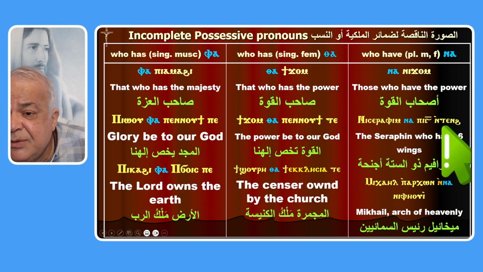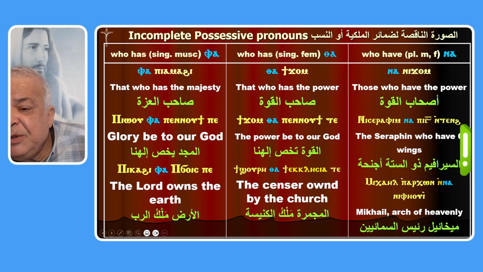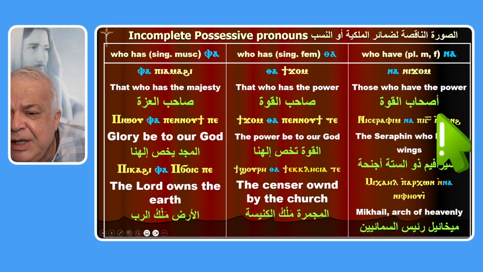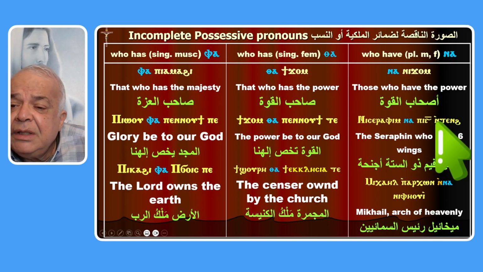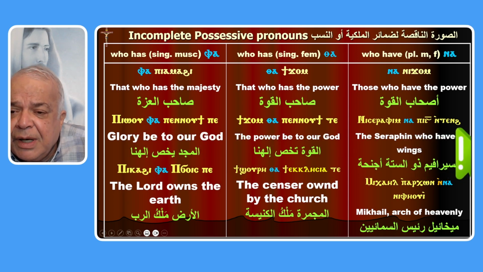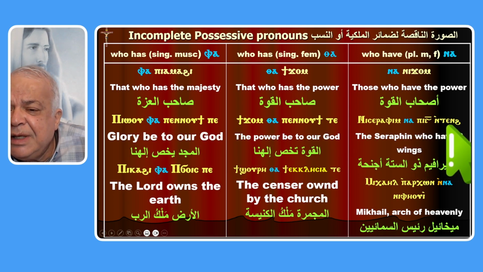Here it is plural, so it would be wings. We don't add the S for plural in Coptic, but we change the article of possession or the article of definition from singular to plural to express that this word is plural.